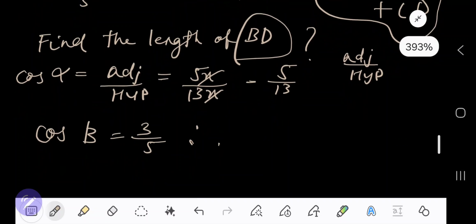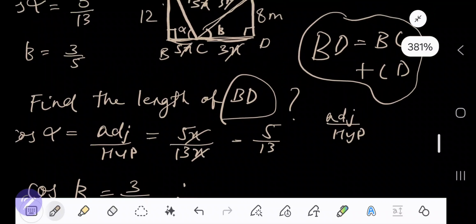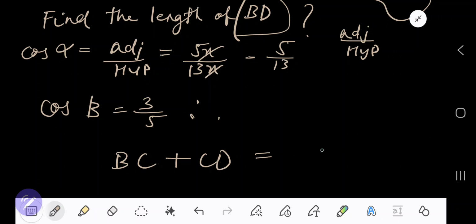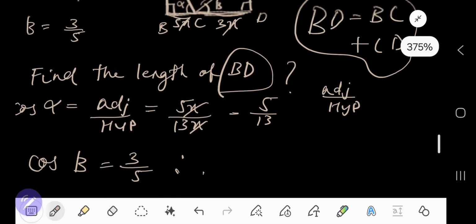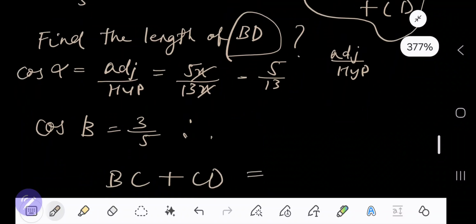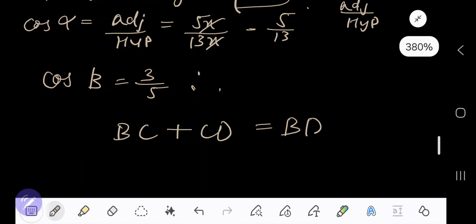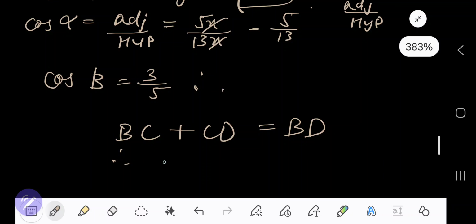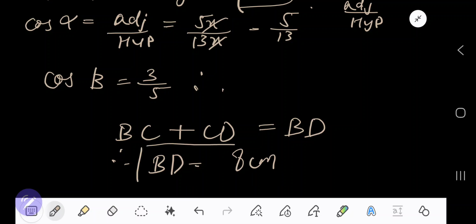Alright, so we had BC as 5 and CD as 3. BC plus CD equals BD, as I showed before, right? So 5 plus 3 equals BD. Therefore, BD equals 8. That's the final answer.